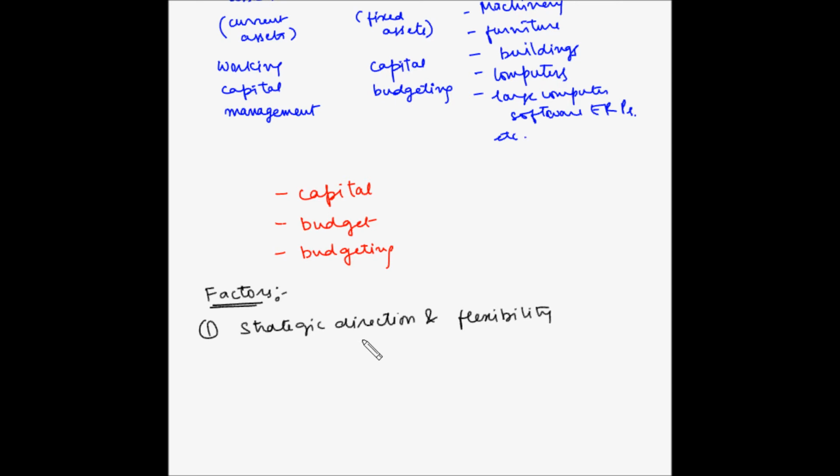So, if the company decides to buy new and costly machinery and then after some time realizes that that machinery is not the right one for them, then to resell it and get the money unlocked will be a difficult task. The next factor that we'll look at is the accuracy of sales forecast.